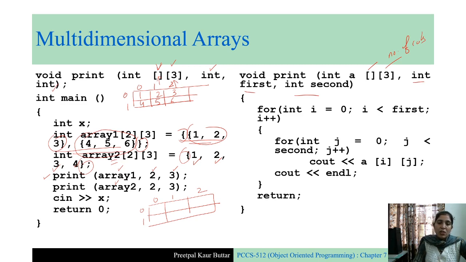First dimension means the number of rows and second dimension means the number of columns. And we have two loops. The I loop runs from 0 to less than first, meaning less than the number of rows, and the J loop runs from 0 to less than second, meaning less than the number of columns, and we are displaying this.